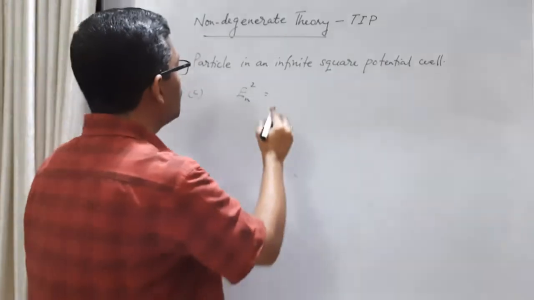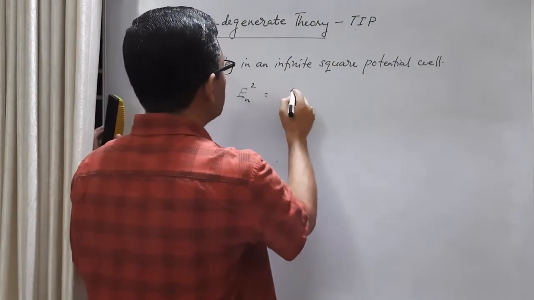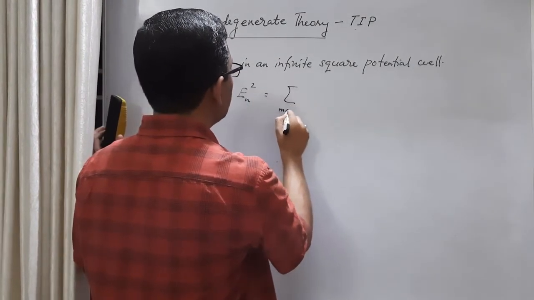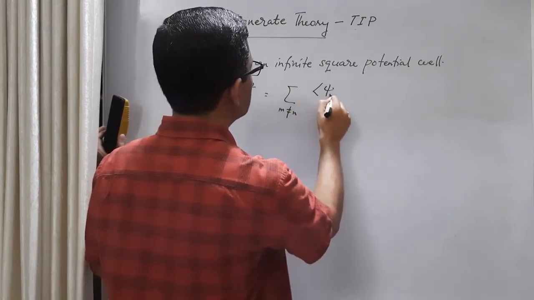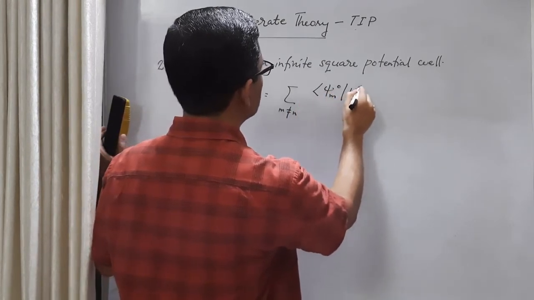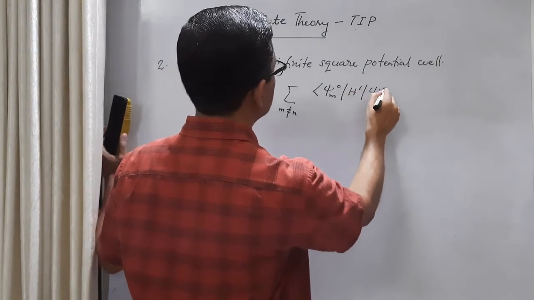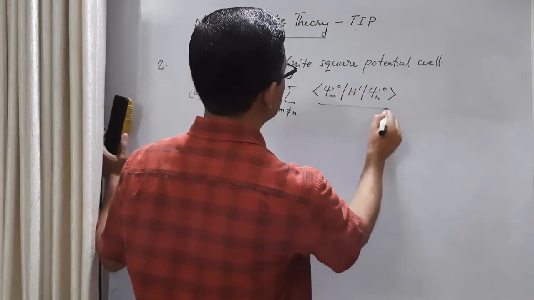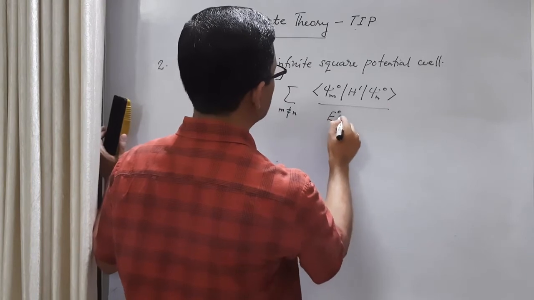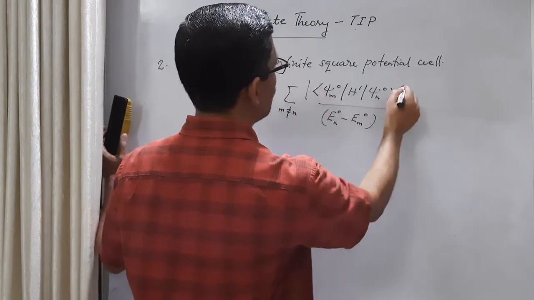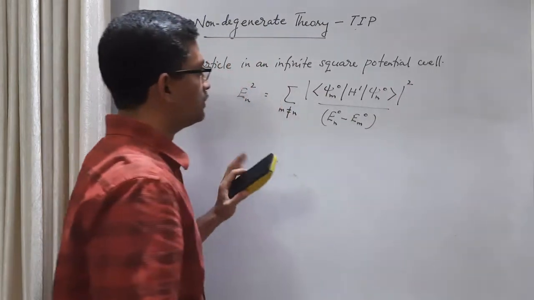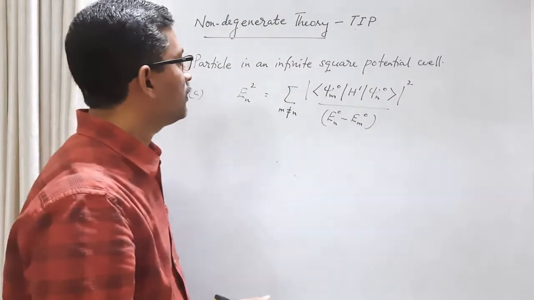Okay. Second order correction in energy is summation over m not equal to n, this is a square. Okay, this is second order correction energy.